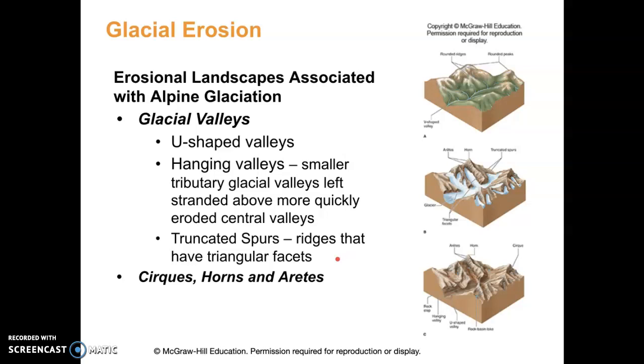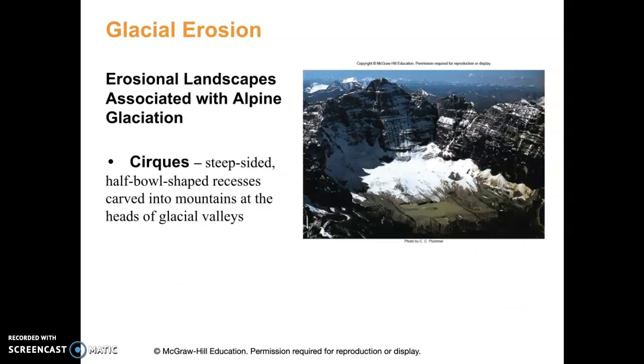So we'll talk about cirques, horns, and arêtes here, but remember, glacial valleys are U-shaped, river valleys are V-shaped, and most glacial valleys start as river valleys. They get them started. So a cirque is basically where a glacier starts. It's a steep-sided, half-bowl shaped recess that's carved into a mountain.